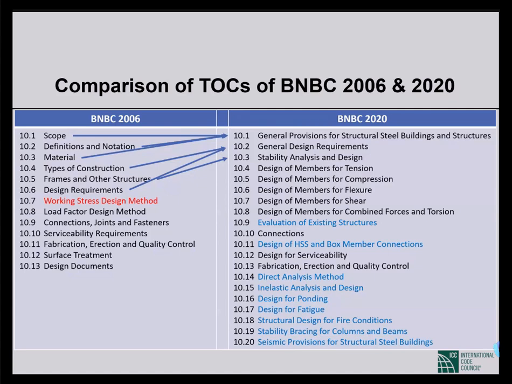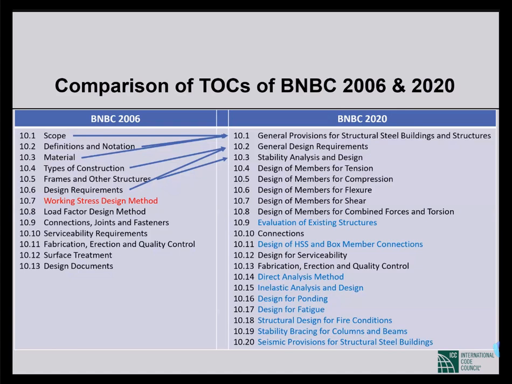Now this one, working stress design, I've shown in red color. This one is omitted, but you know that in AISC 360 there is mention of ASD, allowable strength design, and this one was working stress design.